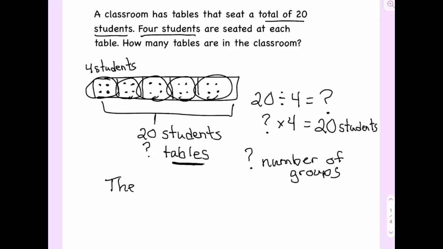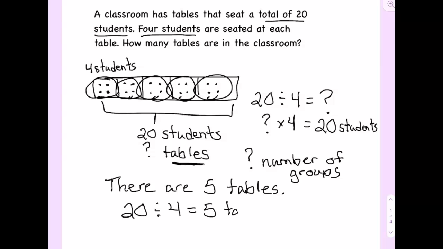So we would say there are 5 tables. And boys and girls, remember you need to start writing a written sentence and a math sentence that shows your work. And we would write 20 divided by 4 equals 5 tables. Okay?